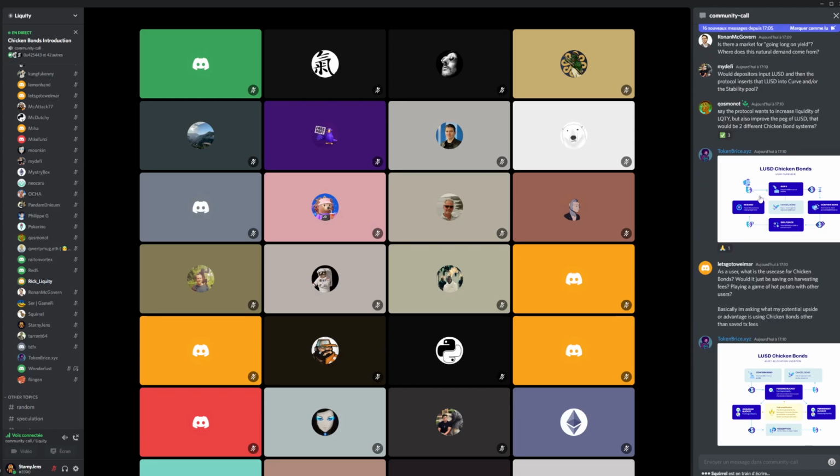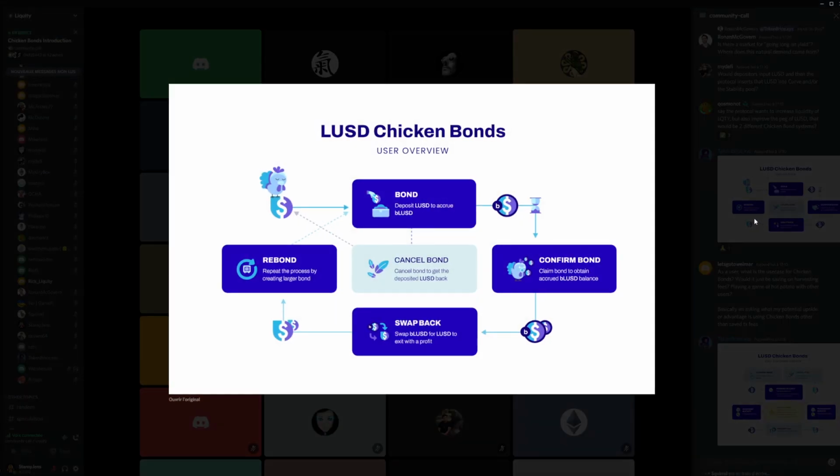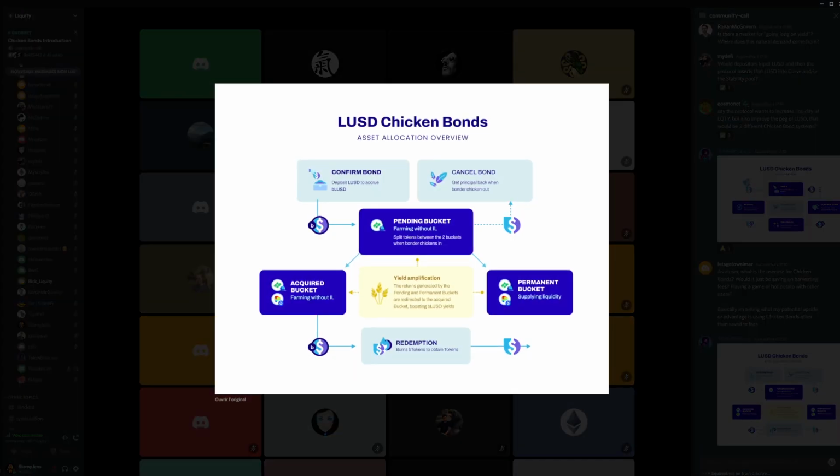So it earns yield on the LUSD in LUSD. And that yield is attributed to the reserve bucket. And when people chicken in, their bonded amount is moved into the reserve. And if they chicken out, obviously they reclaim their LUSD.